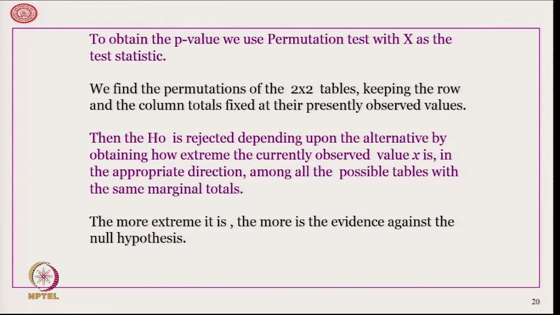Then H naught is rejected, depending upon the alternative, by obtaining how extreme the currently observed value of x is in the appropriate direction among all the possible tables with the same marginal totals. The more extreme it is, the more is the evidence against the null hypothesis. I will give you an example, you will understand it right now.